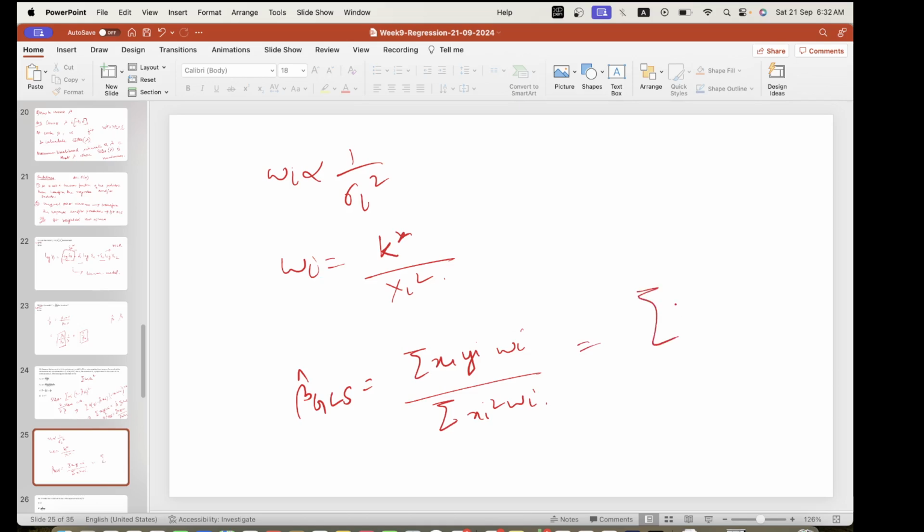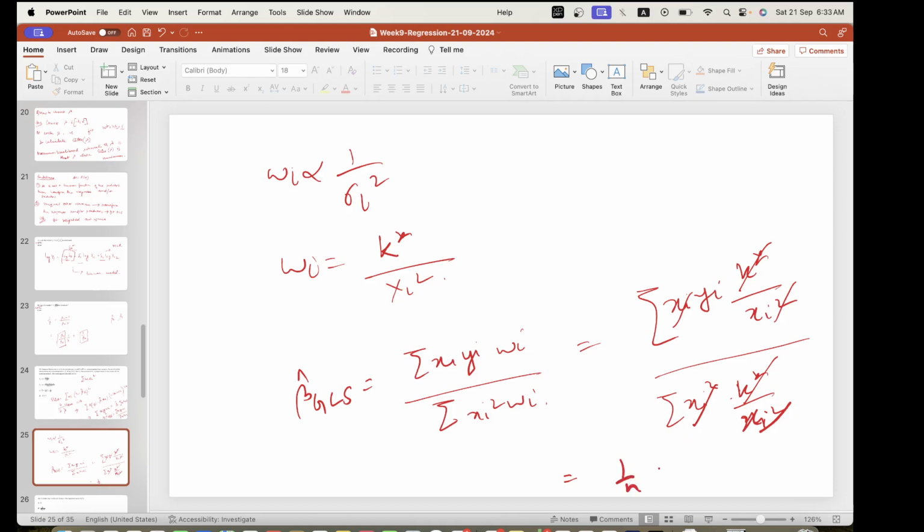We'll have summation xi yi wi is k star by xi square, by summation xi square into 1 by k star by xi square. So this k star will cancel. This xi square and this xi square will also cancel, and this one will cancel with 1. So ultimately we are left with 1 by n summation yi by xi, and that is our answer.